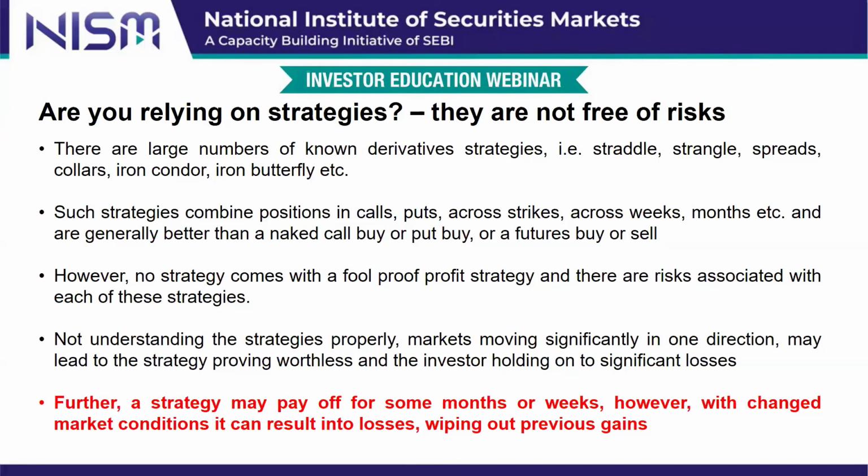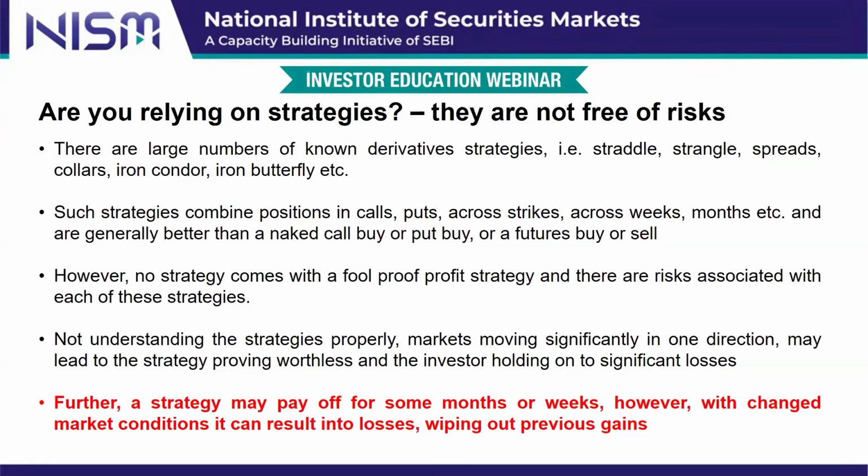You must understand how to execute them properly, exit the strategies whenever the time arrives for exiting, and then probably you will make money. Otherwise, for a common retail investor, I don't know how many of us are able to do these strategies at the right time, with the right amounts, and exit. But if you can do it, excellent.